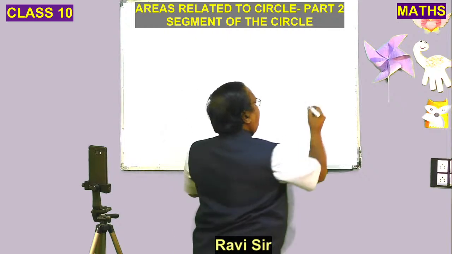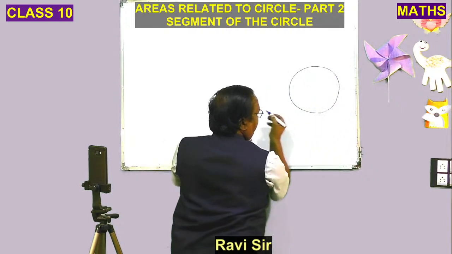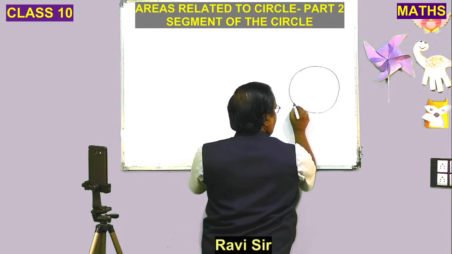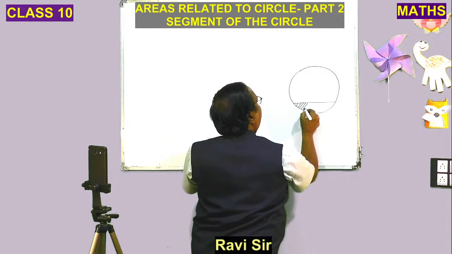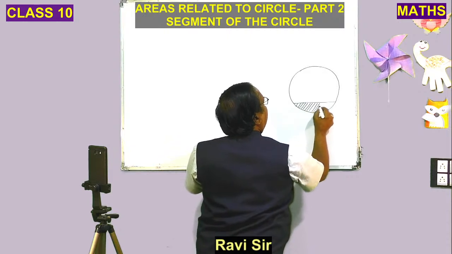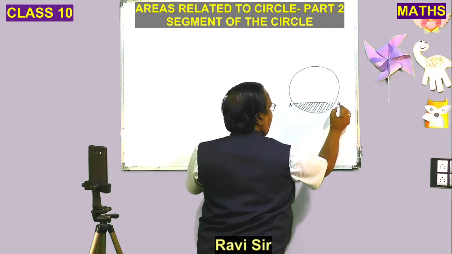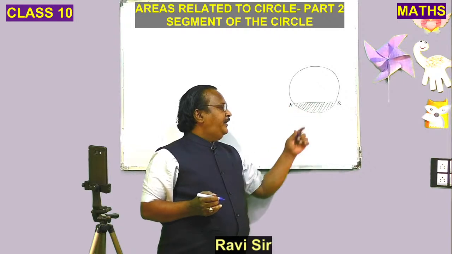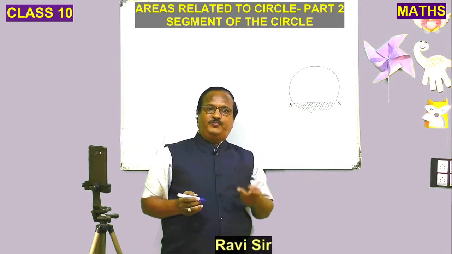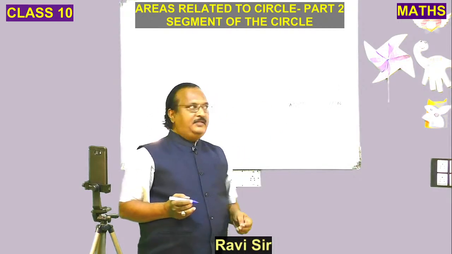For example, let me draw this segment. Our target is to find the area of the minor segment. Let us say chord AB divides the circle into two parts, a small minor segment and a major segment.